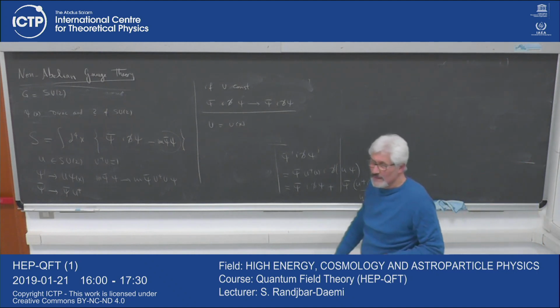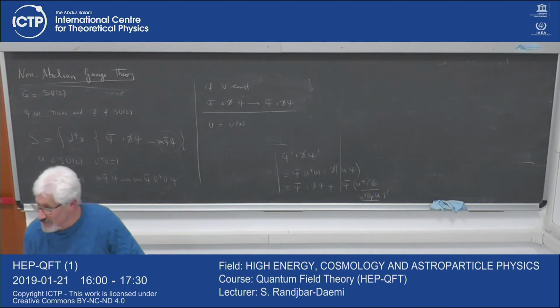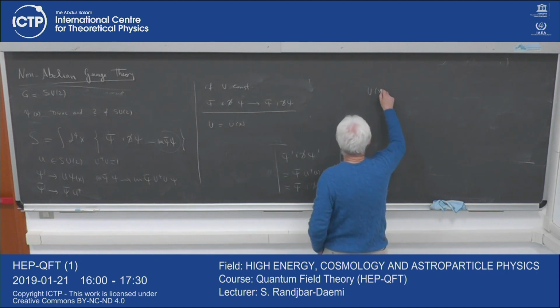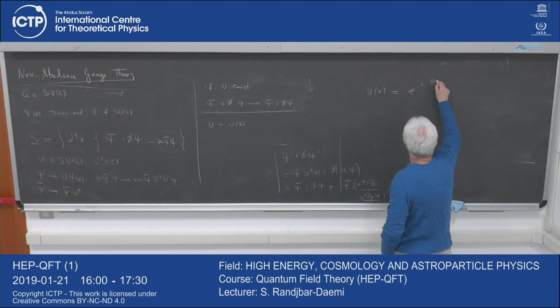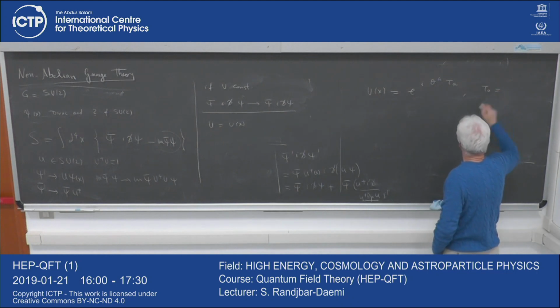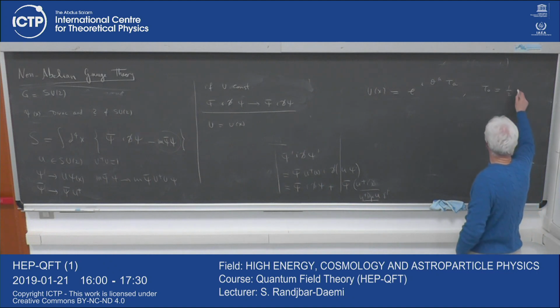There are, of course, several ways, but the one that we will use is the exponential of i theta a tau a, where tau a are one-half Pauli matrices.